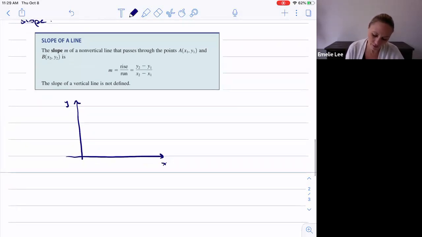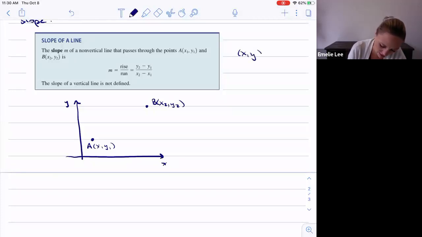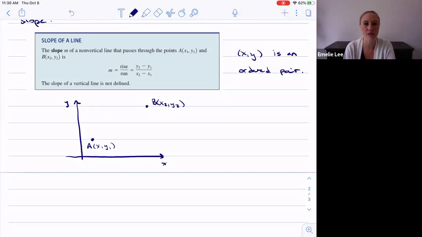So if we've got a point A at x1, y1, and a point B at x2, y2, remember that x, y is an ordered pair, just as a little side note, we have seen them before, but just as a refresher. So that's an ordered pair, and it's just a point on the coordinate system.